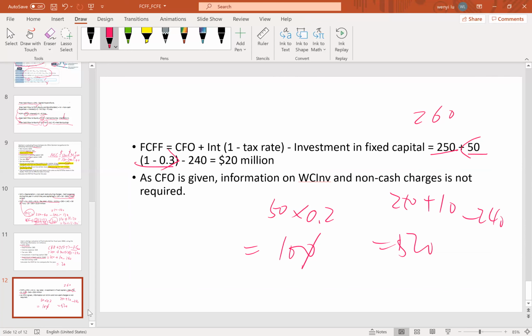Okay, so let's follow the free cash flow to the firm calculations, using the cash flow from operations.